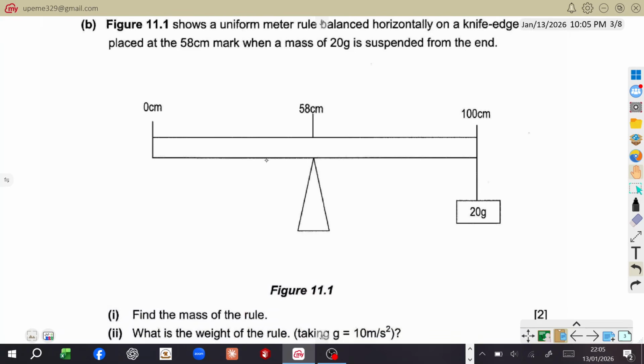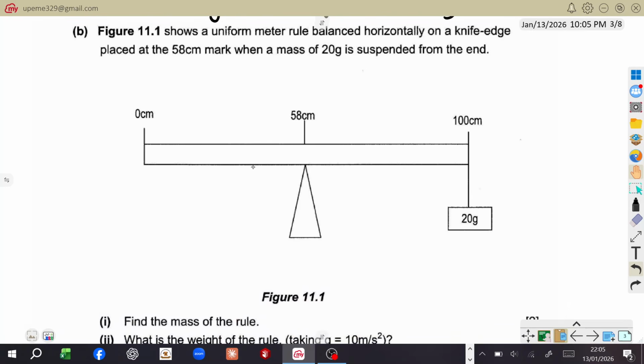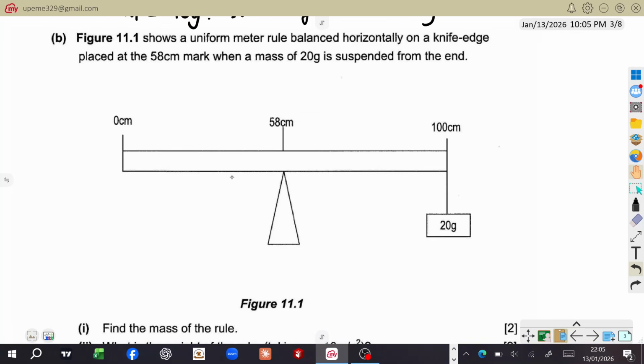Then we come to this other question which came in another year, which says figure 11.1. Figure 11.1 shows a uniform meter rule balanced horizontally on a knife edge placed at the 58 centimeter mark when a mass of 20 grams is suspended from the end. All right, so we have again almost the same language.